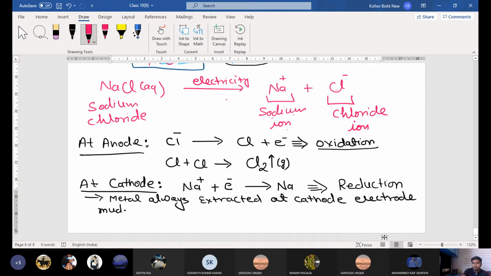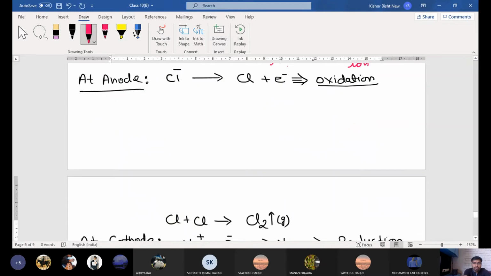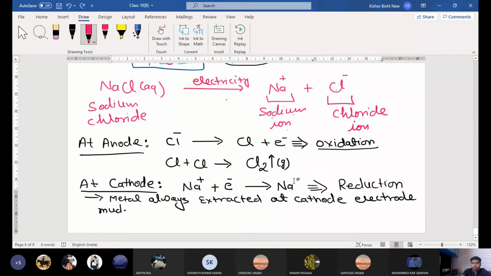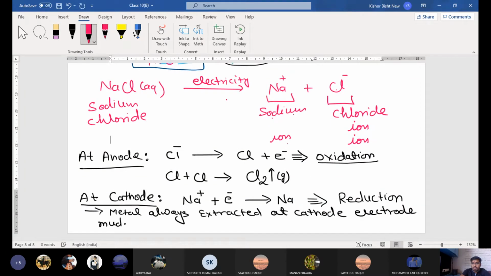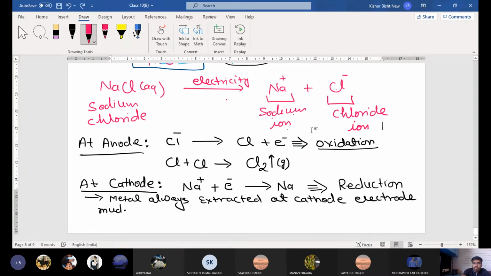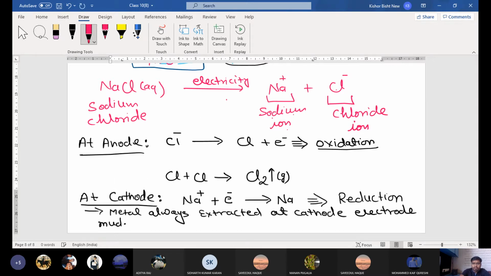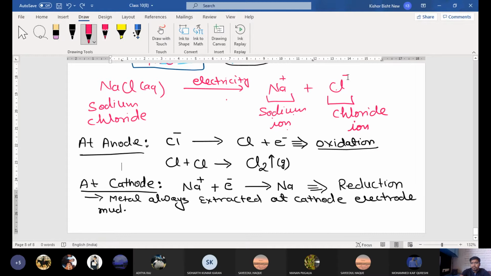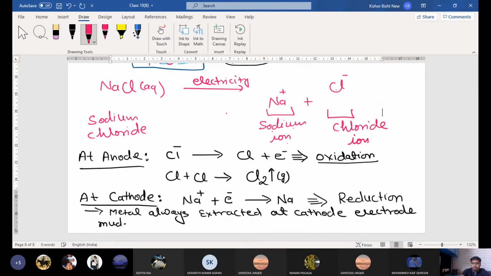Okay, then come to the next point. One second beta, I'm going to scroll down. What is happening here?